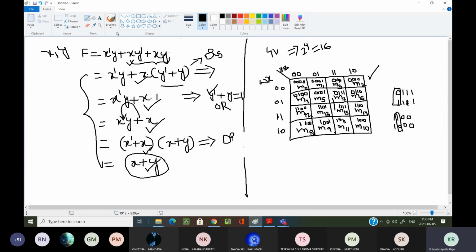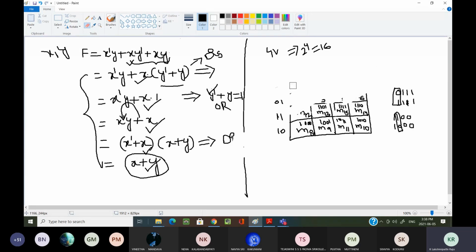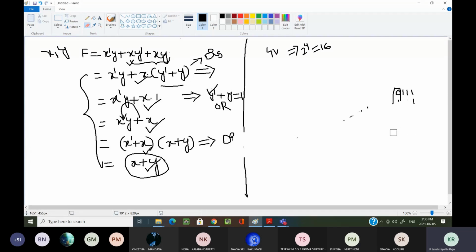Now, how are we simplifying? Sir, you are saying that the map method is the easiest way of simplifying logical expressions, Boolean functions, by using the K-map method.